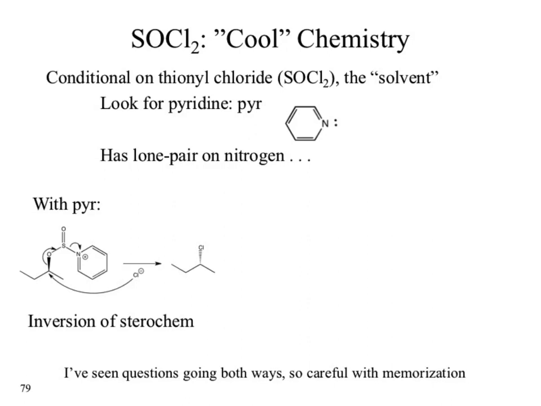Okay? I do want to call your attention to this thing at the bottom here. I've seen questions go both ways. Okay? Saying just thionyl chloride, what happens? Oh, you get inversion of stereochemistry. Okay? Thionyl chloride on its own does not get inversion of stereochemistry. Thionyl chloride with pyridine gets inversion of stereochemistry. But I've seen questions get formatted where they aren't being specific in that nuance with the solvent.